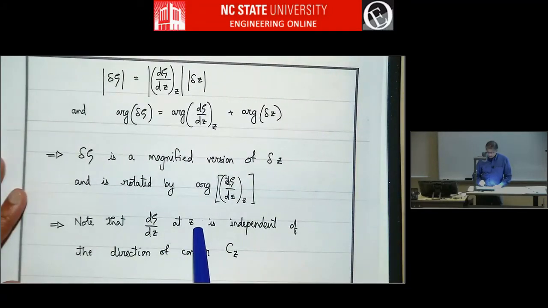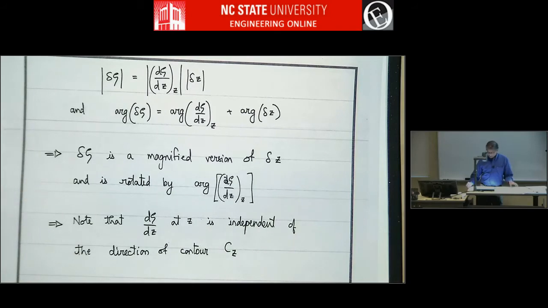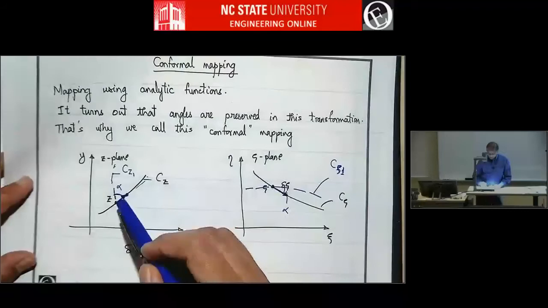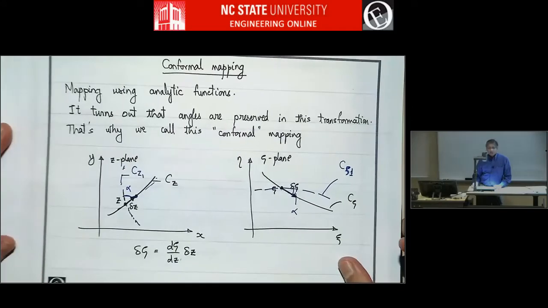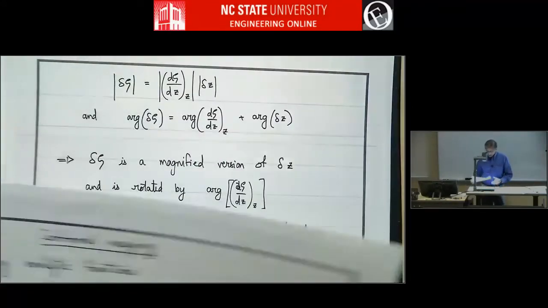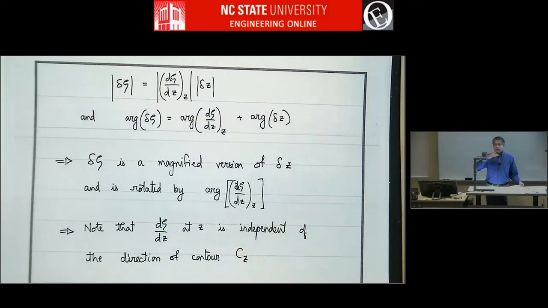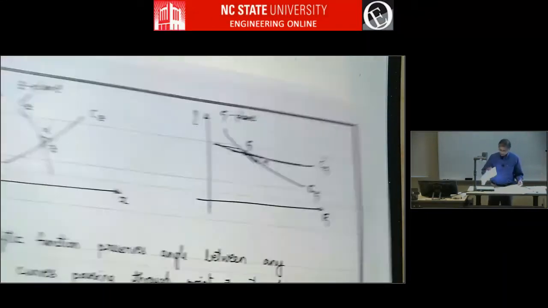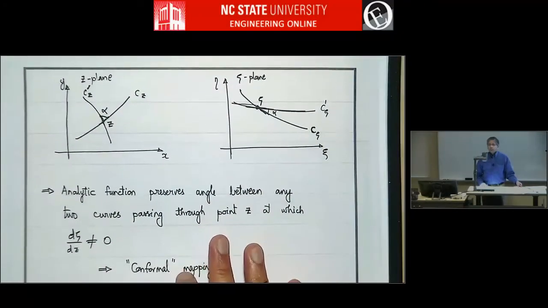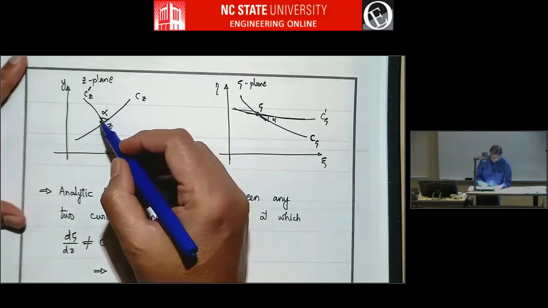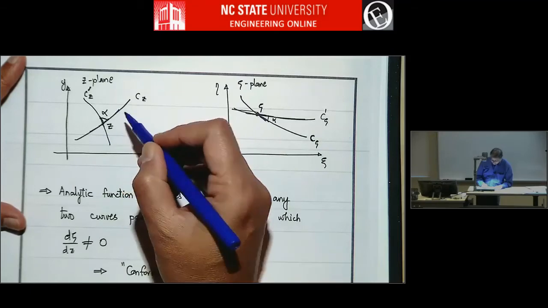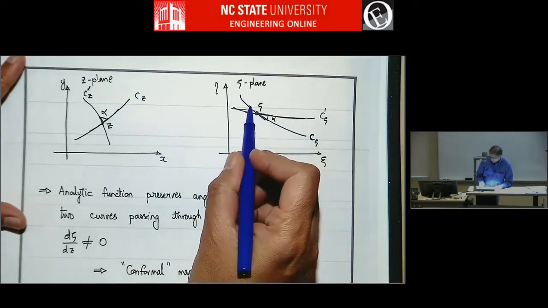d zeta dz at this point is independent of the direction of the contour C z, right? So we could have taken the contour this way or this way or this way or any other way. That's the meaning of analytic function. An analytic function is one where the derivative does not change with the direction in which you approach z. So that means if you take this point z and take one C z like this, that will get transformed to some C zeta like this.